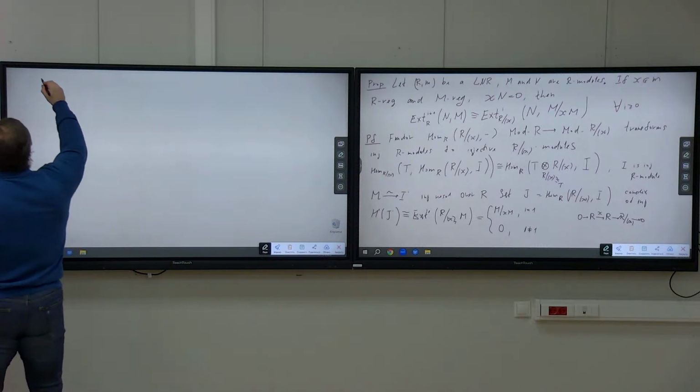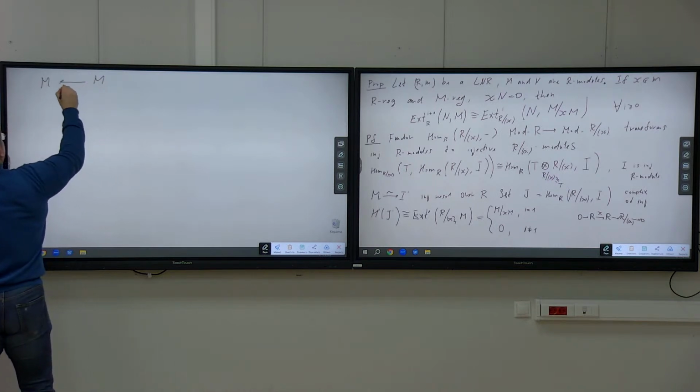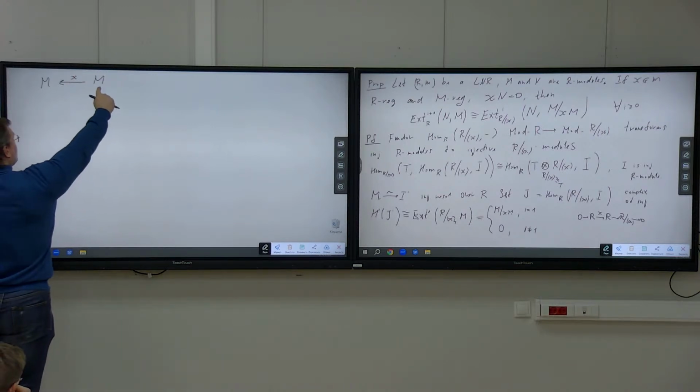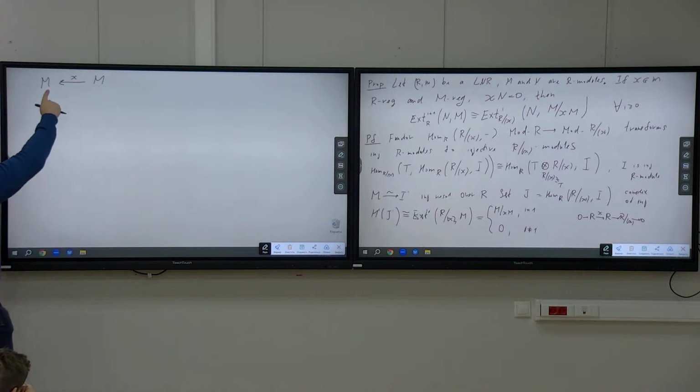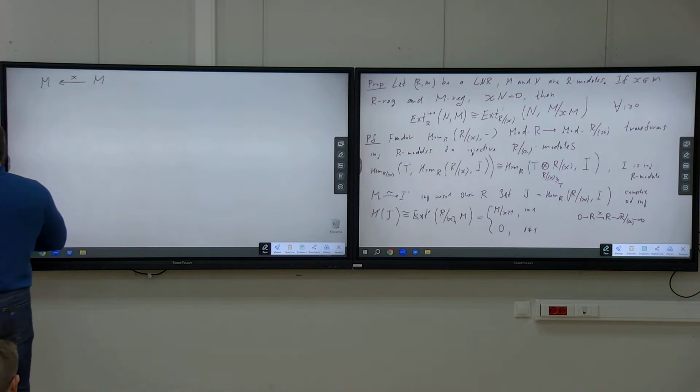So then there will be M, M, and then there will be a map. Ah, it's in another direction. I forgot that this is reversing. So there will be no cohomology here since X is regular, and the cohomology here is exactly the quotient of M by the image, so XM.